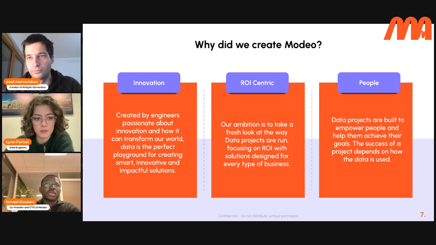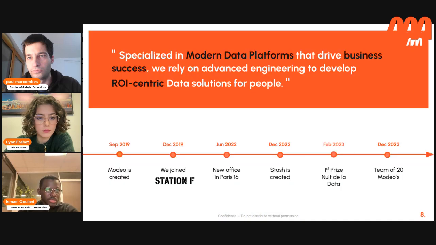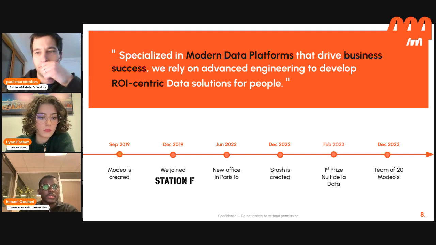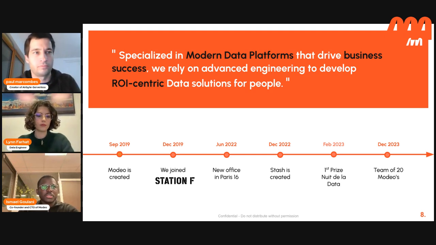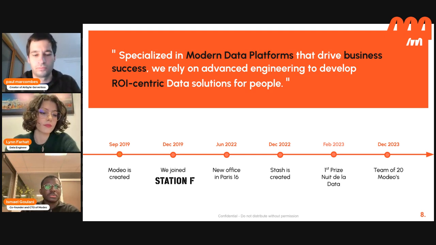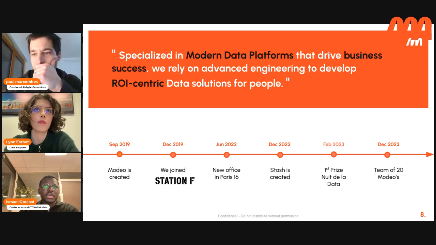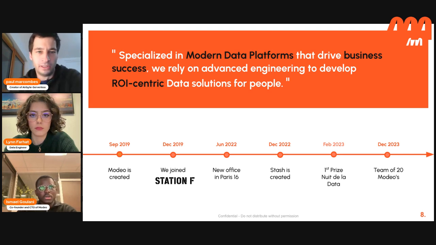And I will tell you a few stories about the creation of Modeo. So we created it in 2013. Then we joined Station F the same year, and then we moved to our new office in Paris. Then in December 22, we created our internal product called Stash, which is a tool designed to help people understand the data platform, the activities, the cost.